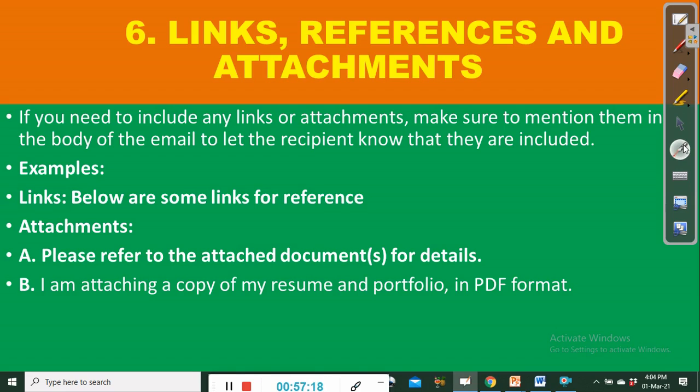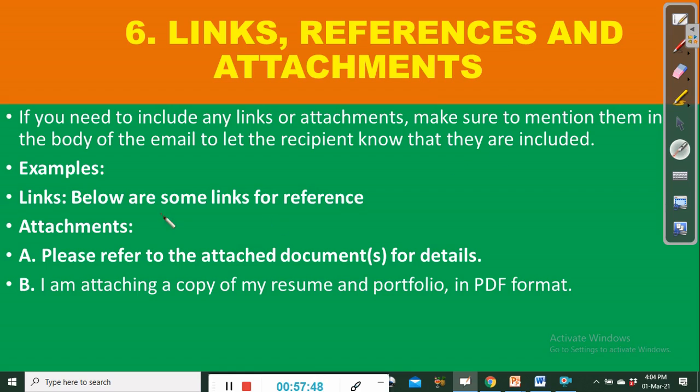When you attach things like that or include things like that, you need to mention them in the body of the email so that your recipient will know that you have included such information. It's always very important to mention everything you have included in your email so that you don't give room for omission or for someone to have an oversight.